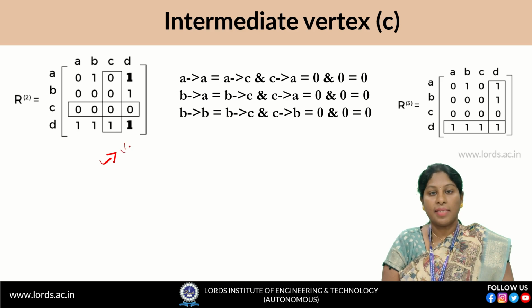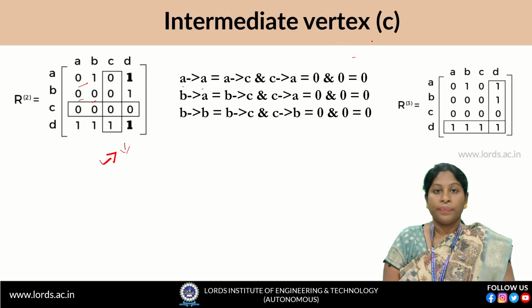Intermediate vertex is C. So that's why we have to put A to C and C to A. Here also the transitive closure is 0 and 0. I already told you, if either of the values is 0, we need to get it as a 0 only. If both the values are 1 and 1, then only we will get a 1 as a transitive closure. So this is the result of that intermediate vertex C.